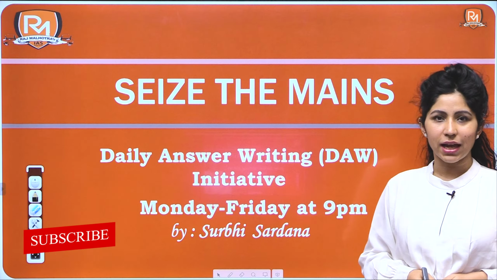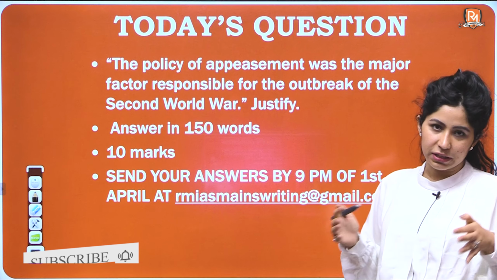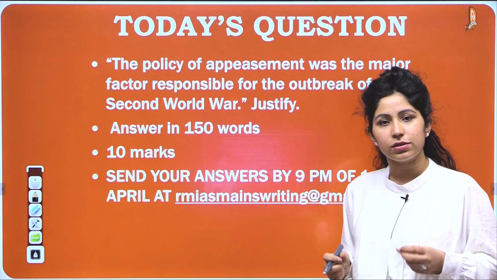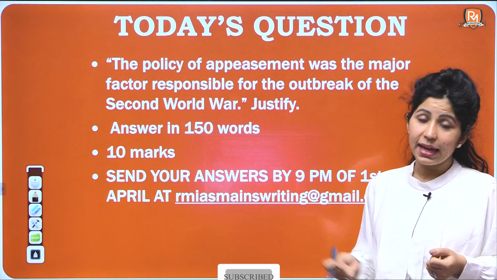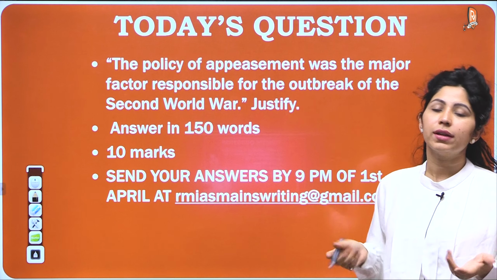Trying to understand this question, if you have read world history or even if you have not read world history, you will be able to write this answer after this lecture. The policy of appeasement was undertaken by Western nations, especially the leading nations of Britain and France, and it gave a lot of free area to Hitler to expand his geographical boundaries and to turn his motives into a success.